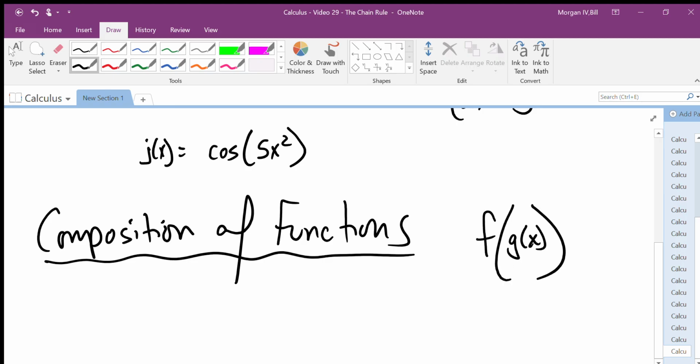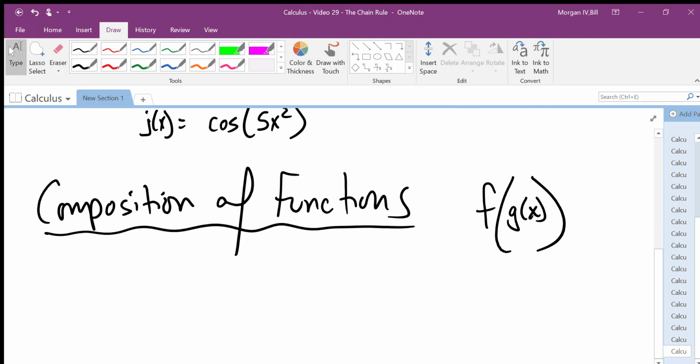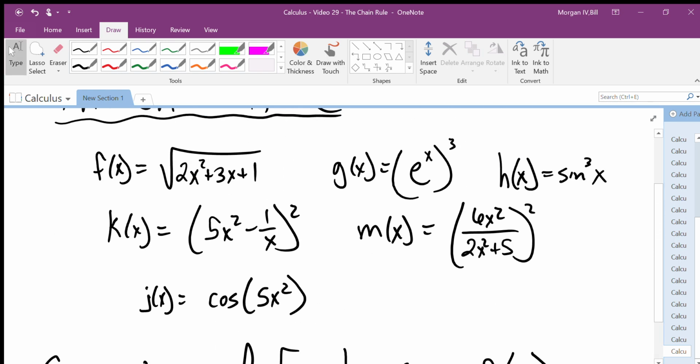Right? F of g of x, where we have an inside function g of x and an outside function f of x. For example, in that very first one up there, f of x equals the square root of, and maybe I'll make that something else besides f, so it's not confusing with the f we're going to see in a minute. How about b of x?